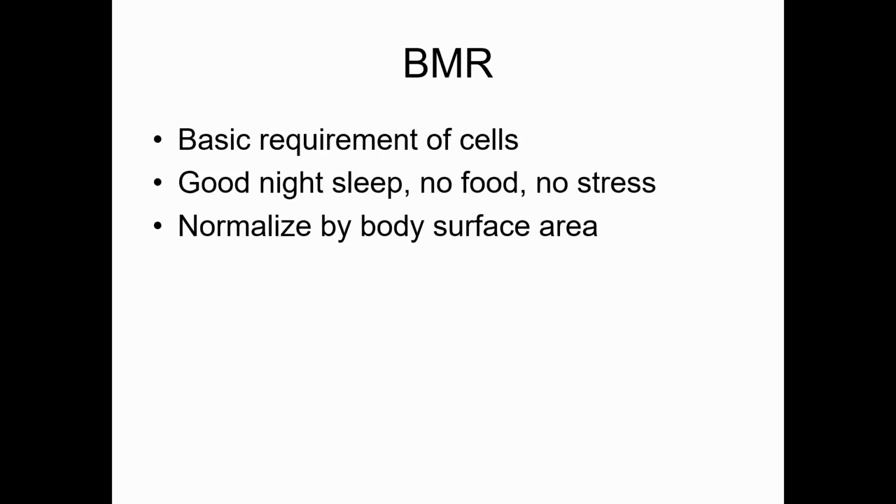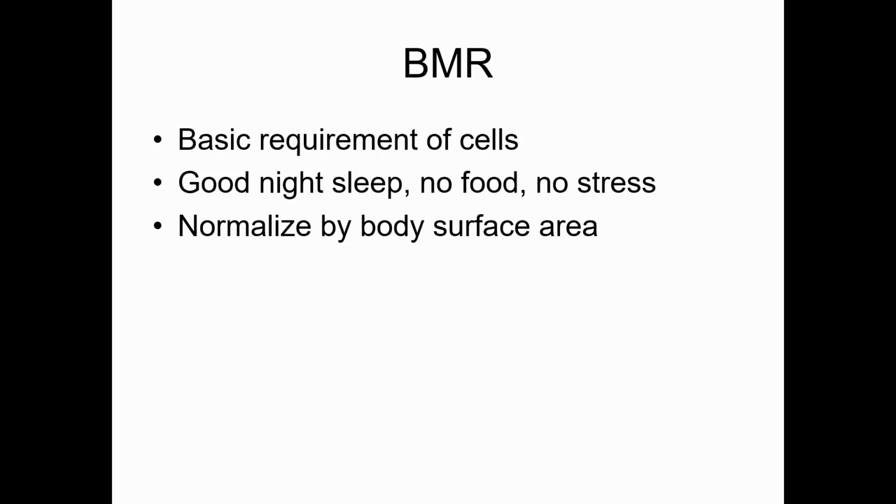If you want to compare two people, compare somebody who's 6 foot to someone who's 5 foot, and say, which person has the higher metabolism? Well, bigger people, because there are more cells, are going to have a higher metabolism, but that doesn't necessarily mean that the smaller person has a low metabolism.